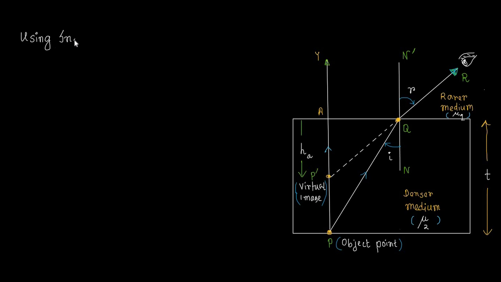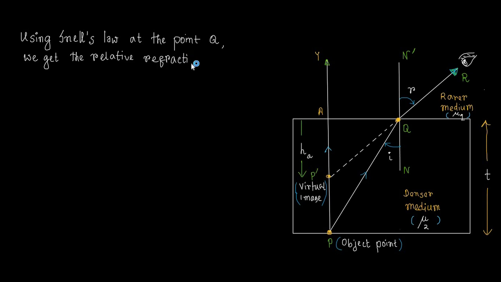Using Snell's law at the point of incidence Q, we get the relative refractive index of the denser medium with respect to the rarer medium.